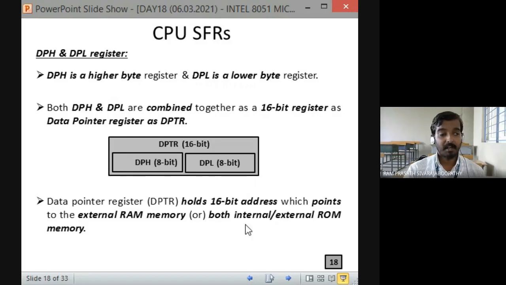ROM memory is a byte of data, which can be either internal or external. That's what we told. Program memory is 16-bit. RAM memory is 8-bit for internal RAM and 16-bit for external RAM. Fine. So the purpose of DPTR is to point to the external RAM or both internal or external. That's all.